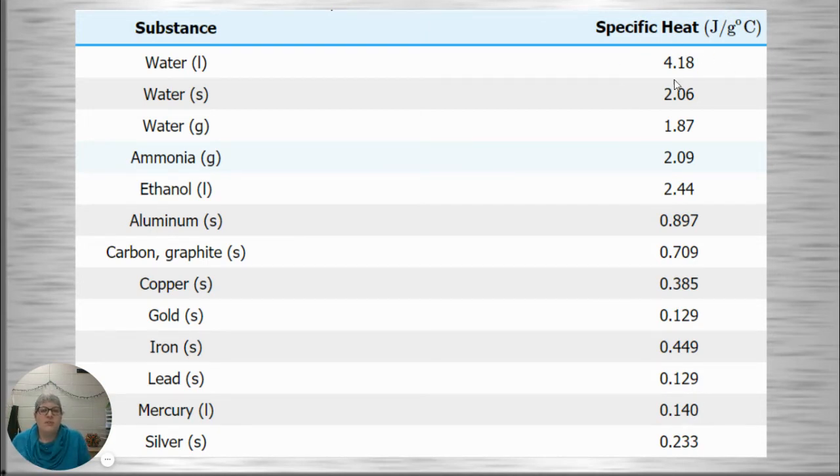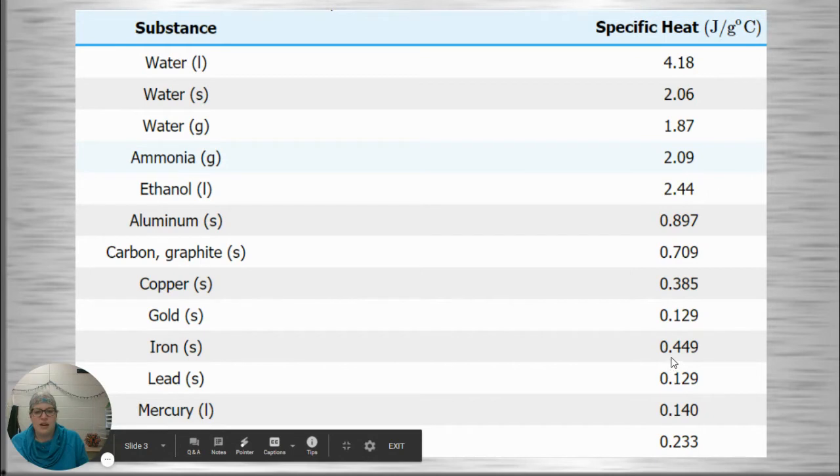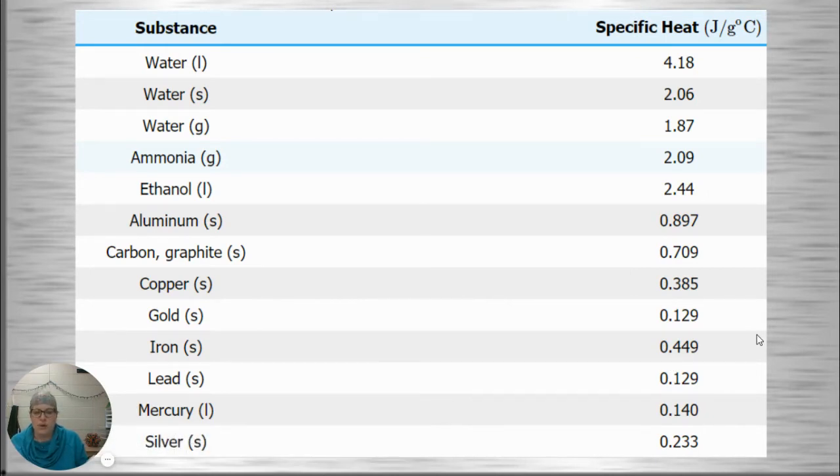For instance, if I've got water here, it's not going to move as much, because it takes 4 joules to make that 1 gram move a degree Celsius. So if I have 5 grams of stuff, it's going to take 20 joules to make 1 degree change. On the other hand, iron has a specific heat of 0.449, which is about 10 times less.